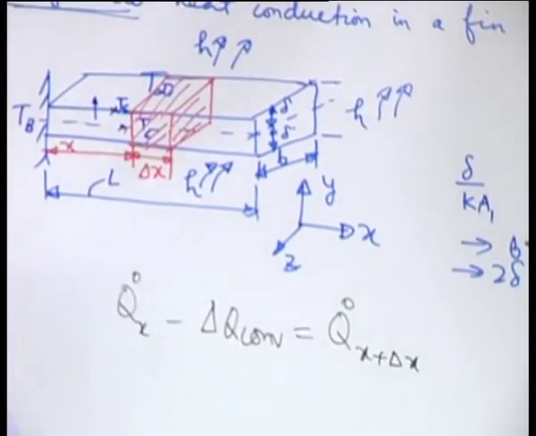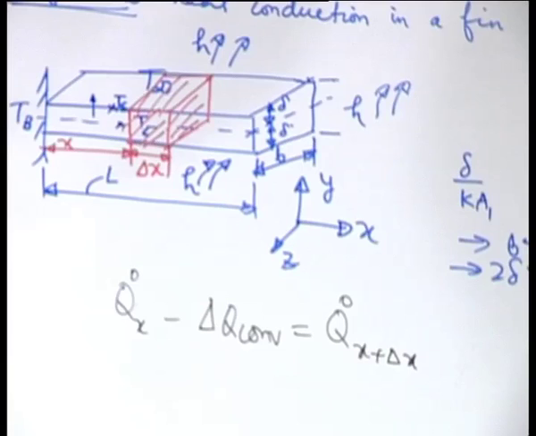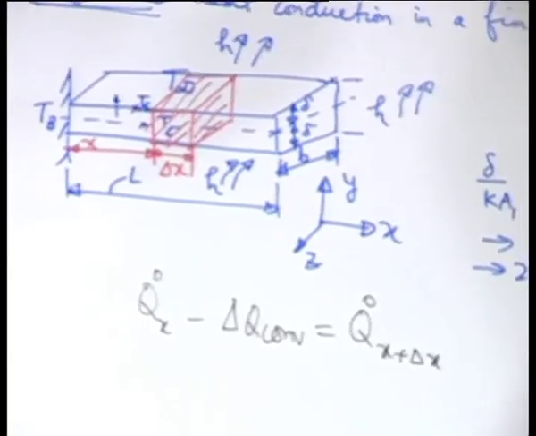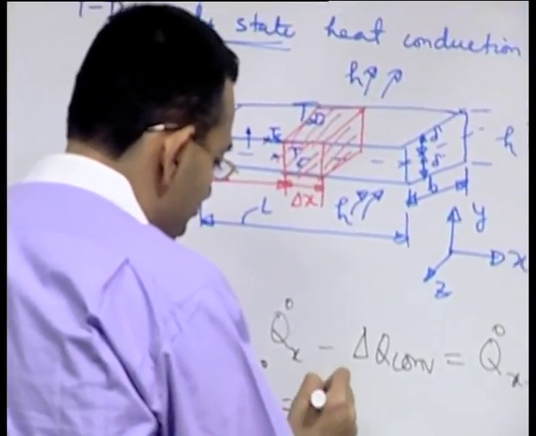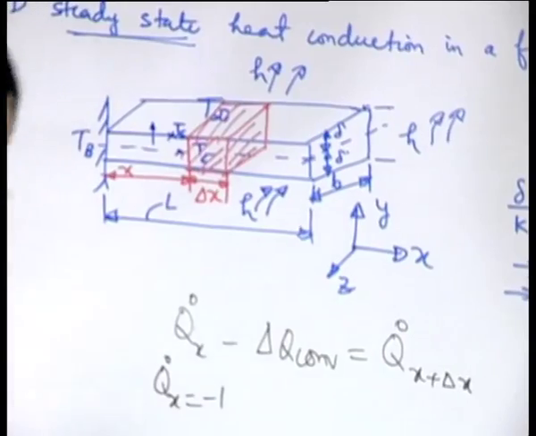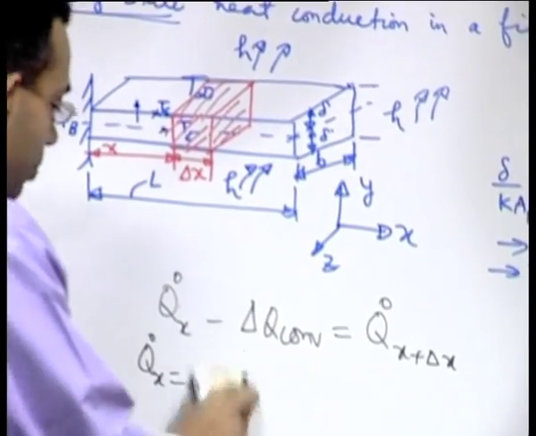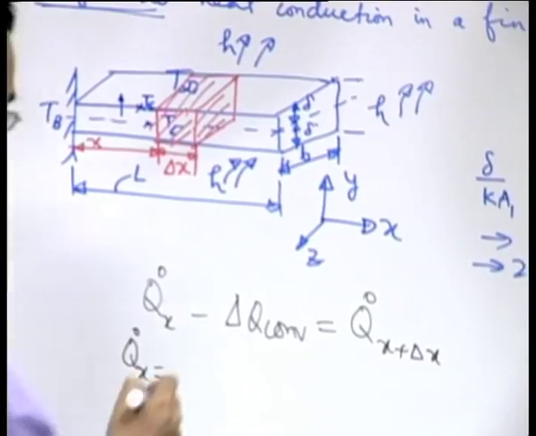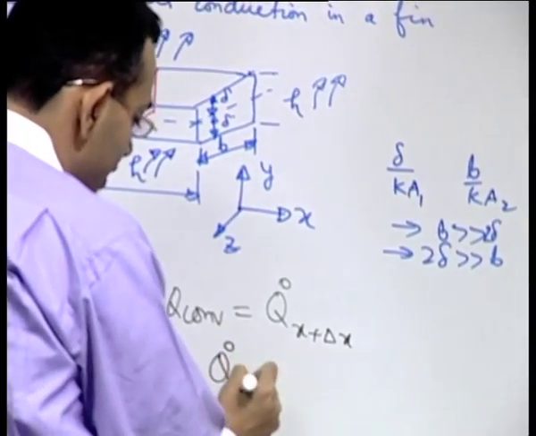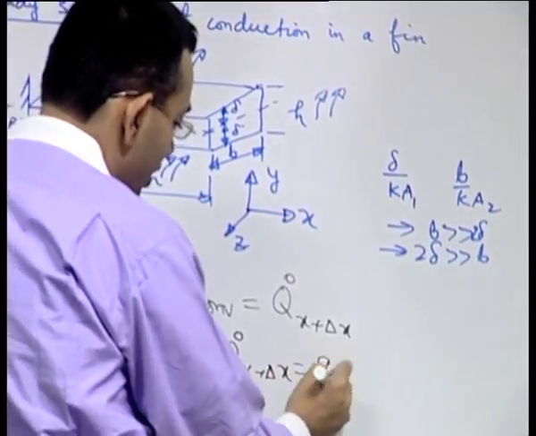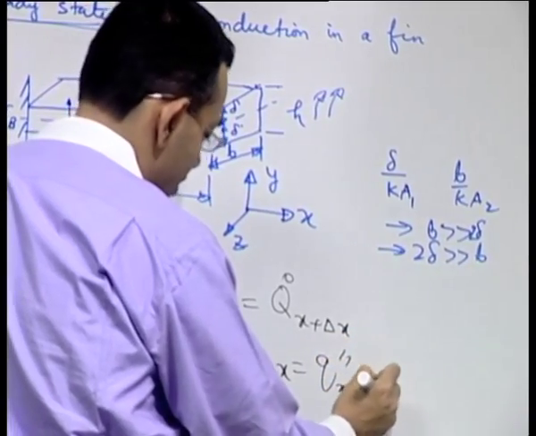This is true at steady state. Let us say that the cross sectional area of the fin is A. So, Q dot x is minus, or before writing it in terms of the temperature gradient, let us write it in terms of the heat flux, that is heat flux at x times A. Q dot at x plus delta x is equal to heat flux at x plus delta x times A.